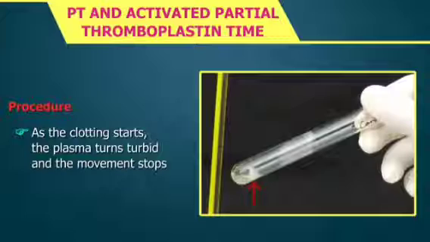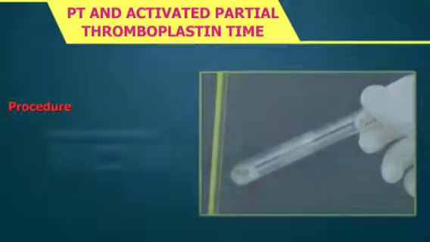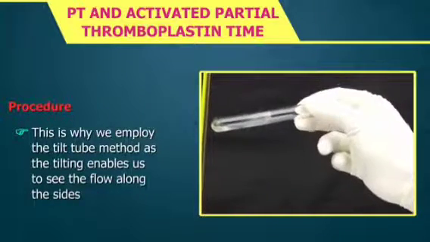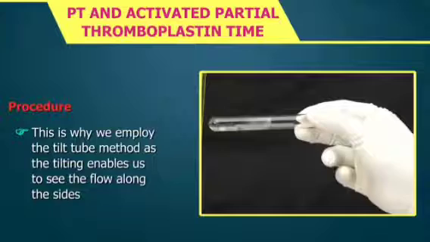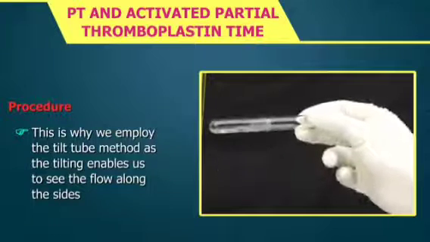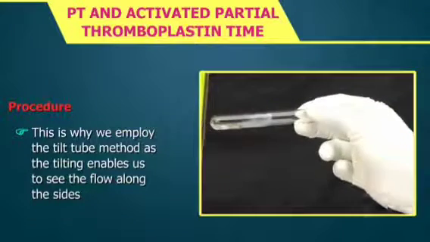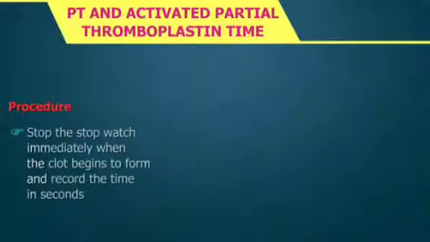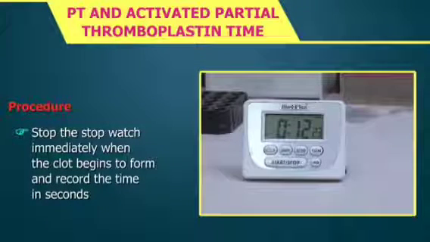As the clotting starts, the plasma turns turbid and the movement stops. This is why we employ the tilt tube method, as the tilting enables us to see the flow along the sides. 8. Stop the stopwatch immediately when the clot begins to form and record the time in seconds.